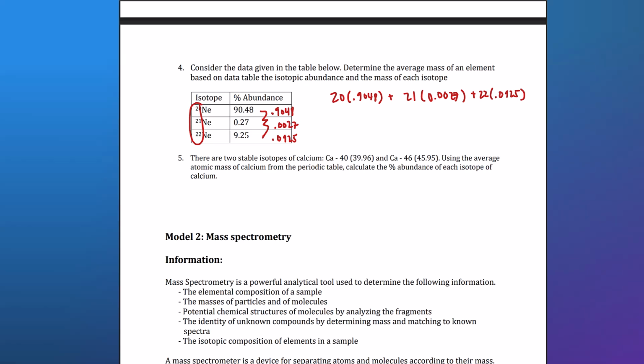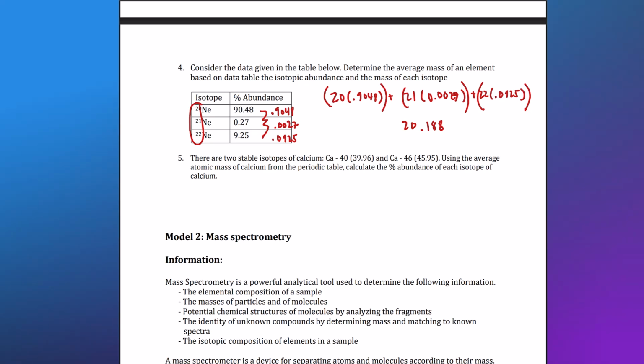Now make sure if you're plugging them into the calculator, you're using parentheses between each of these so that it knows to multiply them and add them together after it's multiplied. That would be my only hint for calculator usage. And when you multiply all of these out and you add them together, you should get 20.188 or somewhere around there if you rounded differently.